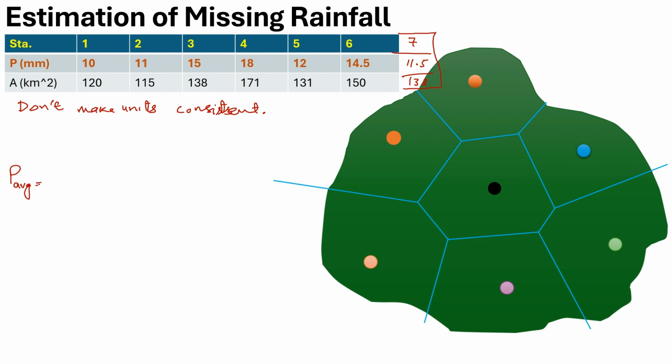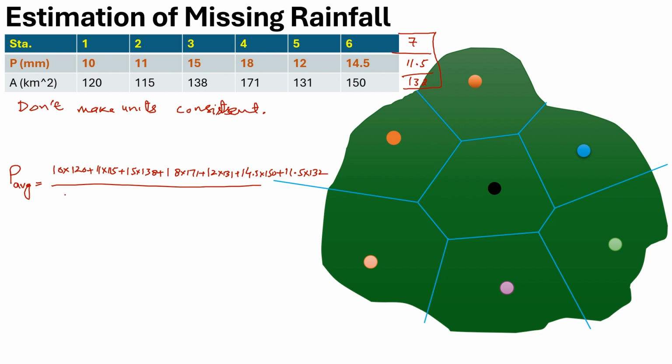So simply we will put the formula. What is the precipitation of the first rain gauge? 10 into the area, 120 kilometer square, plus 11 times 115 plus 15 times 138 plus 18 times 171 plus 12 times 131 plus 14.5 times 150 plus 11.5 times 132, divided by the total area.